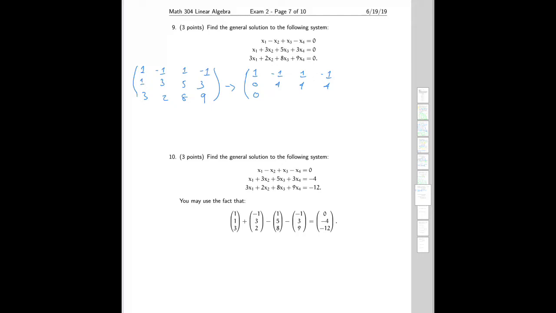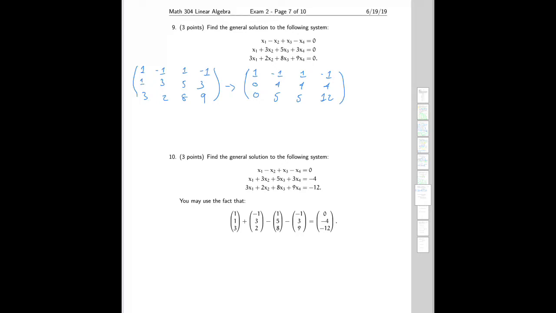Okay, 2 minus 3 times minus 1. That's the same as 2 plus 3, so that's 5. 8 minus 3 times 1, that's 5. Okay, and 9 minus 3 times minus 1, that's 9 plus 3, so this is going to be 12.